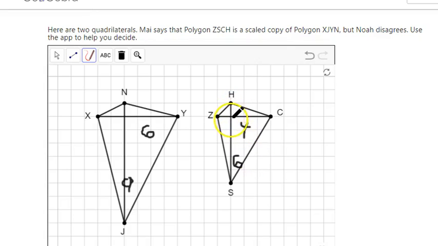Well, I got 4 across here. Can you multiply 4 by something to make 6? Yeah, 1 1/2. If I multiply 6 by 1 1/2, will that make 9? Yeah, so actually we can tell right away that these actually are scaled copies.